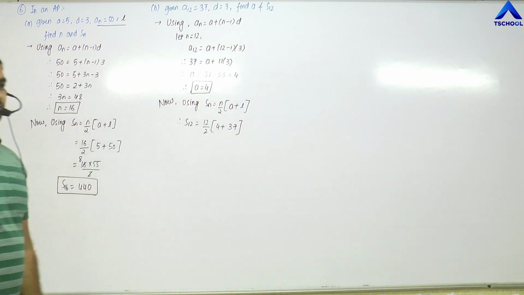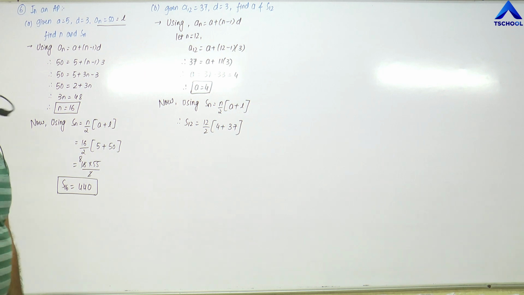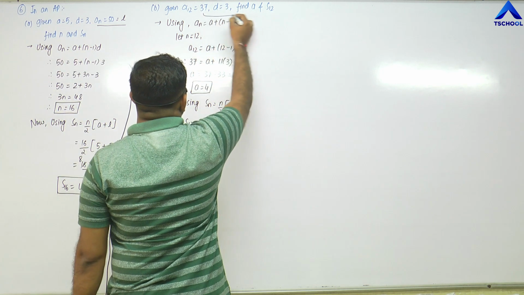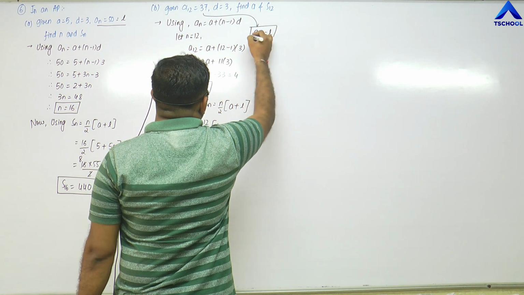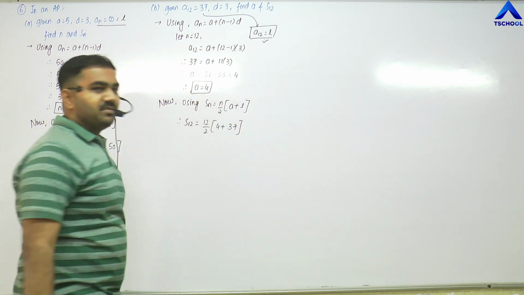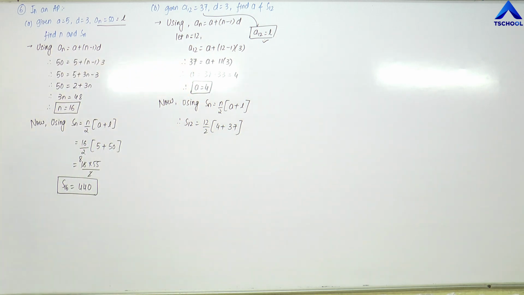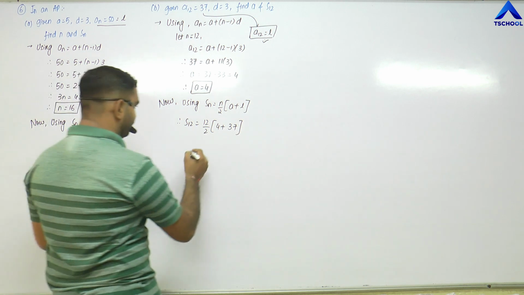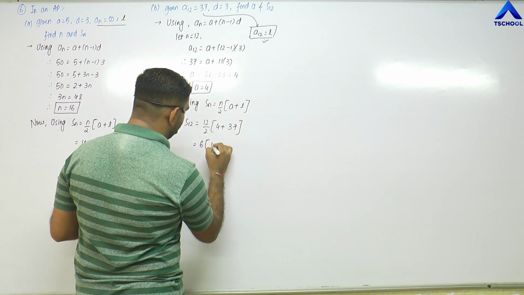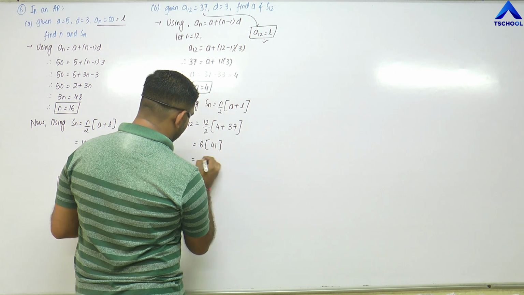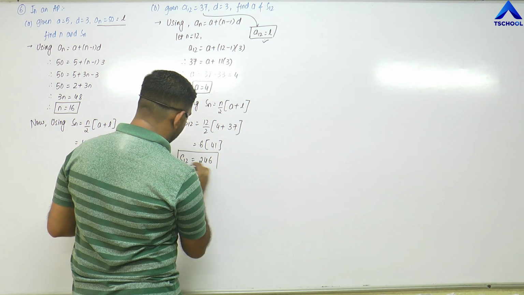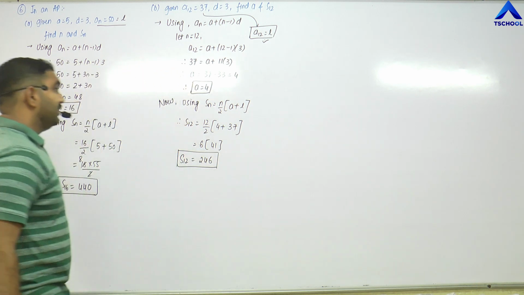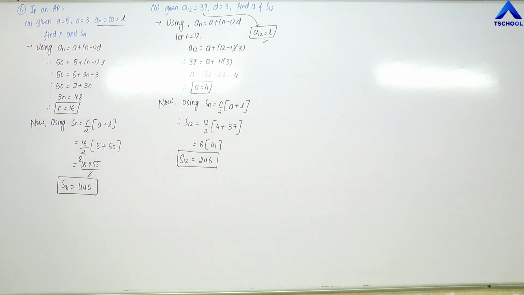If n equals 12, then A12 will be the last term, so we can take An or A12 equal to L, because we have taken n equal to 12. That is equal to 6 into 41, and that is 246. Therefore S12 is 246.